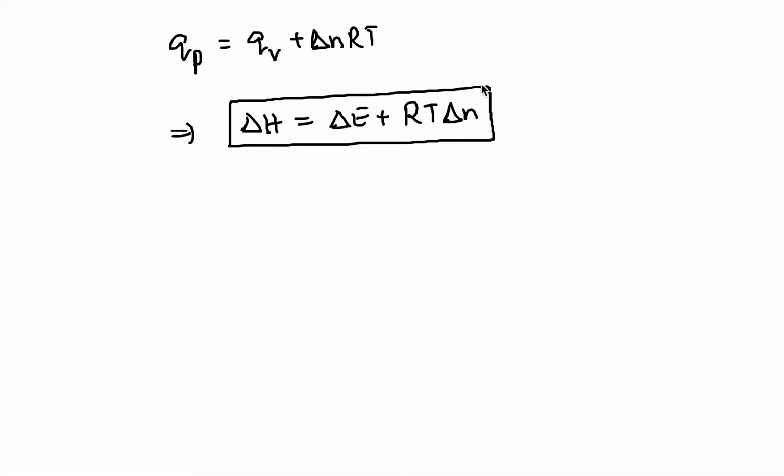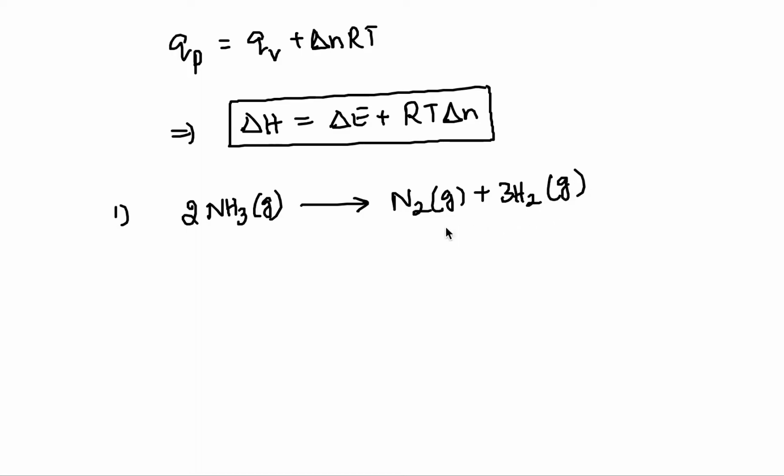Now let's take the examples. The first one: 2 moles of NH3 gas decomposing to form 1 mole of nitrogen gas plus 3 moles of hydrogen gas. So here reactants and products are both gases. There are 4 moles of gaseous products, 1 mole nitrogen and 3 moles hydrogen, and 2 moles of gaseous reactants.